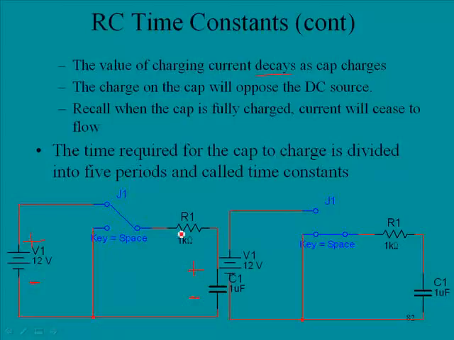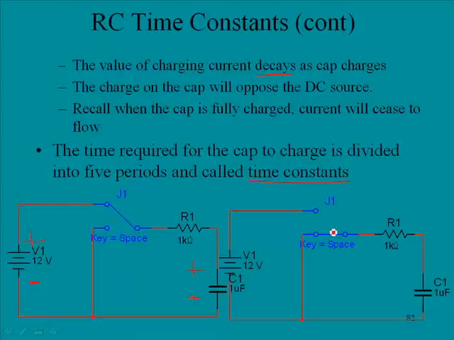Initially, as this switch is closed, there's a lot of current charging this cap, but as this cap reaches its full charge point, current decreases and there is effectively no current flow. The charge in the cap will oppose the DC source. Recall, when the cap is fully charged, current will cease to flow. The time required for the cap to charge is divided into 5 periods called time constants, and we're going to be looking at it in the next 2 screens.